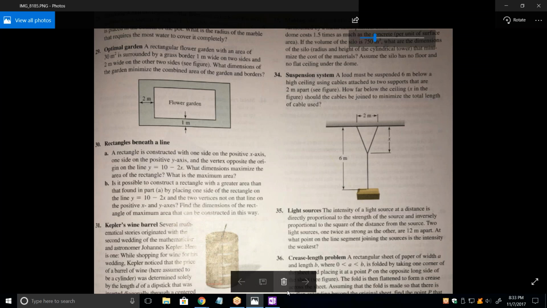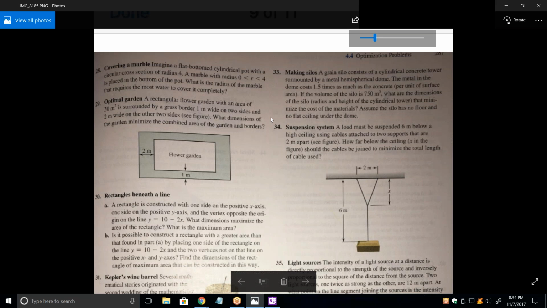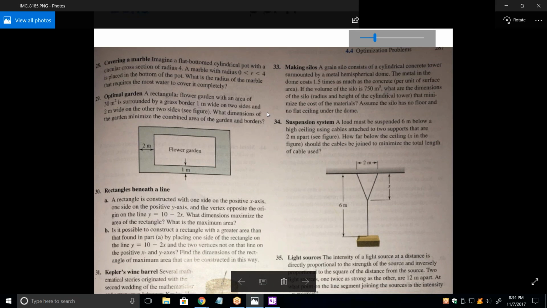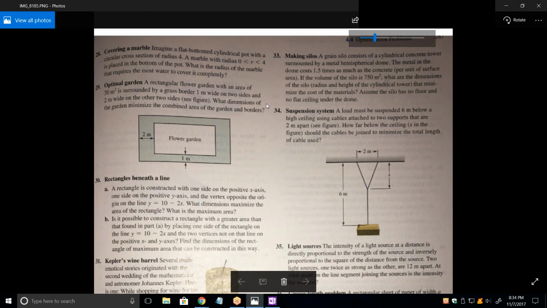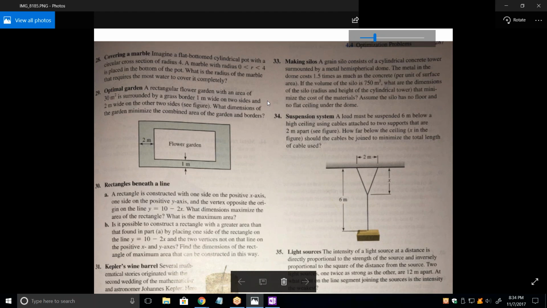Now that we kind of have an idea, let's do 28. Covering a marble. Okay, imagine a flat-bottomed cylindrical pot with a circular cross section of radius 4. All right. Hold on.